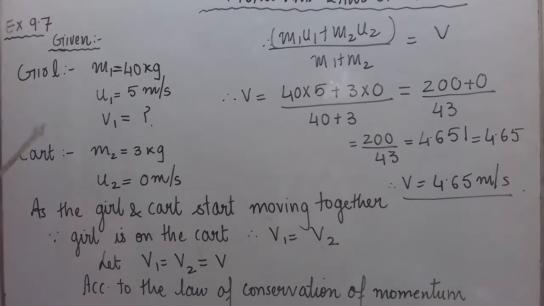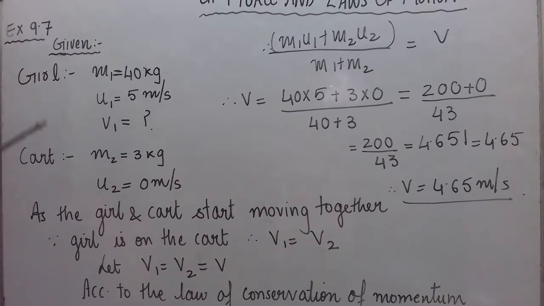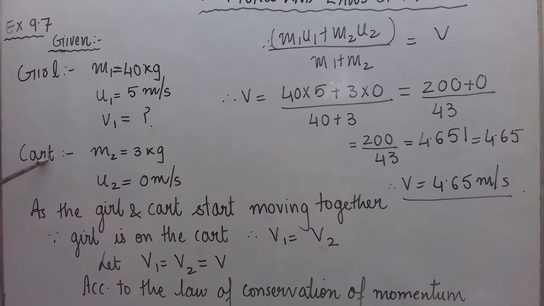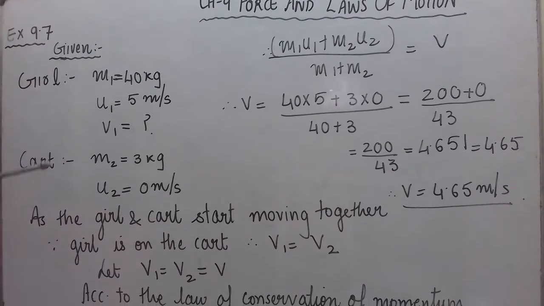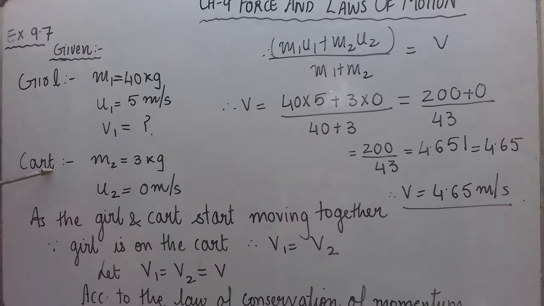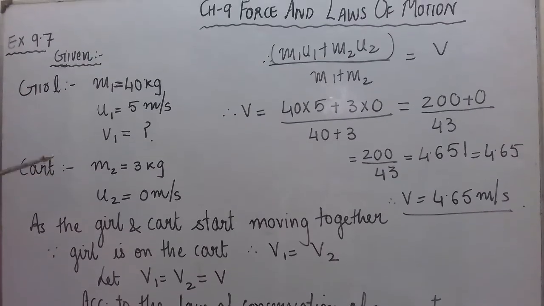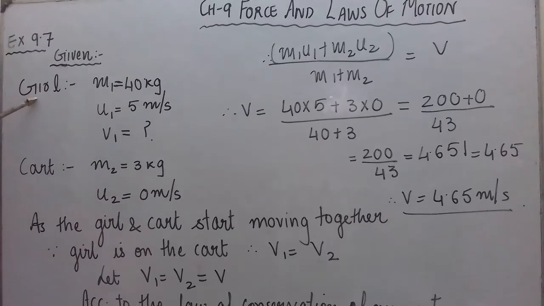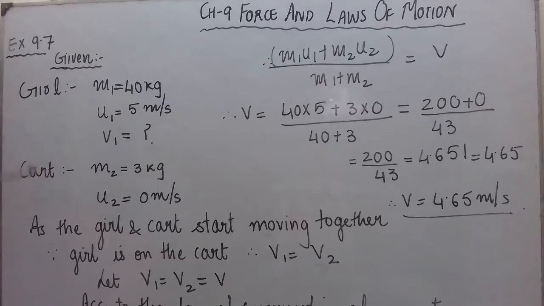Now students, in this numerical, we have a cart which is stationary. The girl jumps on the cart and then the cart starts moving obviously, because of which the girl who is on the cart is also in motion. So we have to find the velocity with which the girl is moving when she is on the cart, because after she jumps she is on the cart.